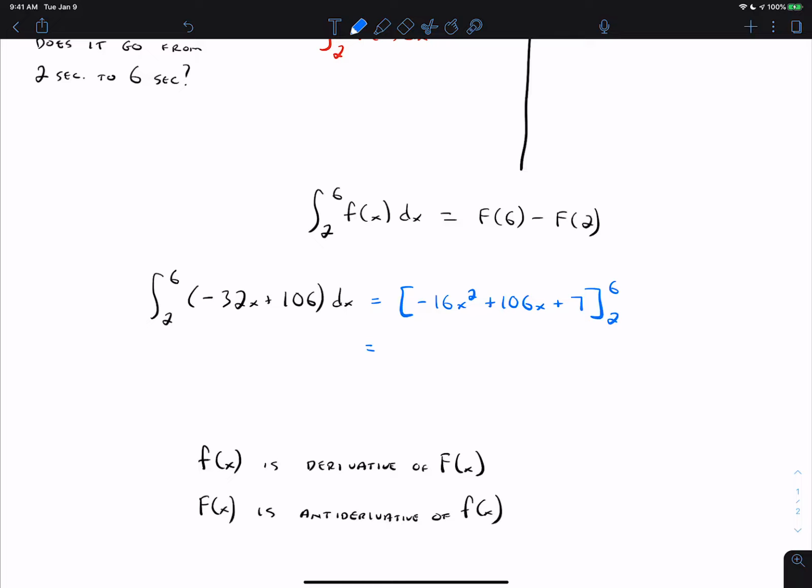So we could do negative 16 times 6 squared plus 106 times 6 plus 7, minus negative 16 times 2 squared plus 106 times 2 plus 7. And if we subtract those answers, let's do that real quick on a calculator.